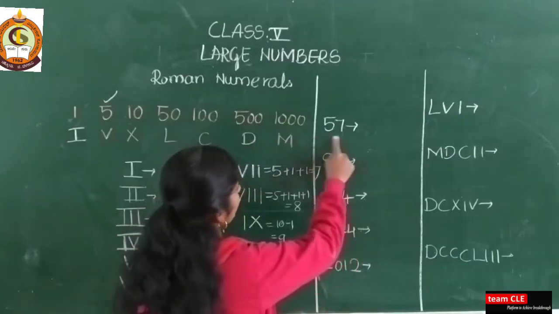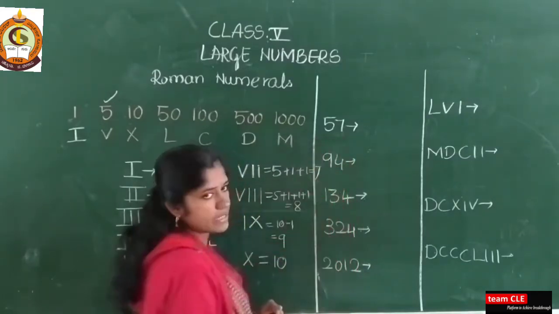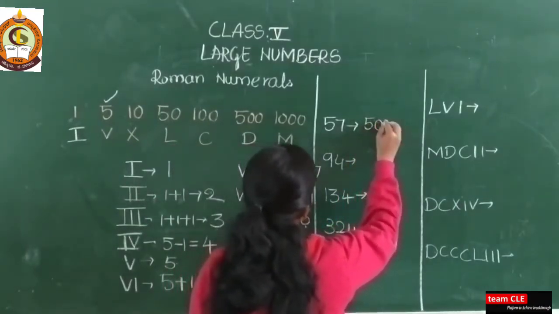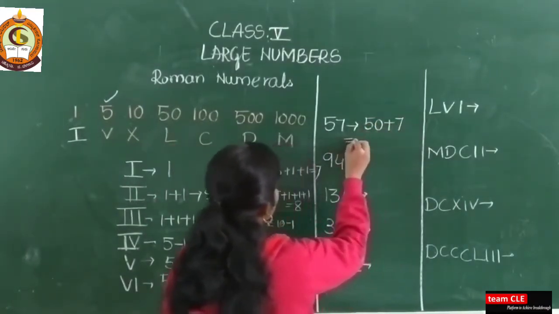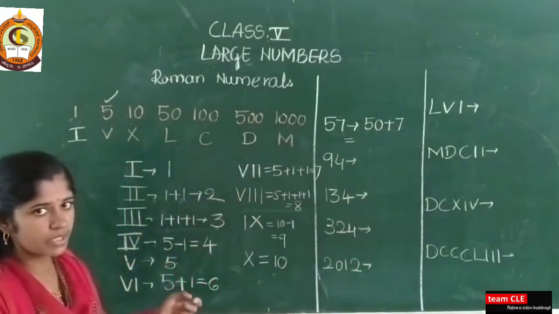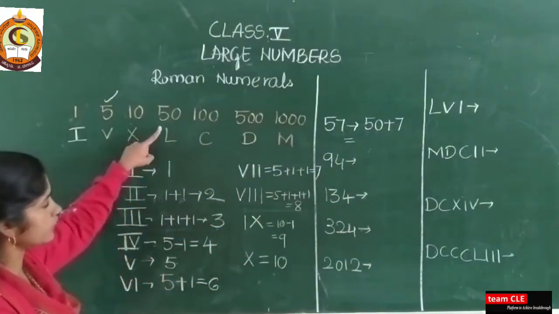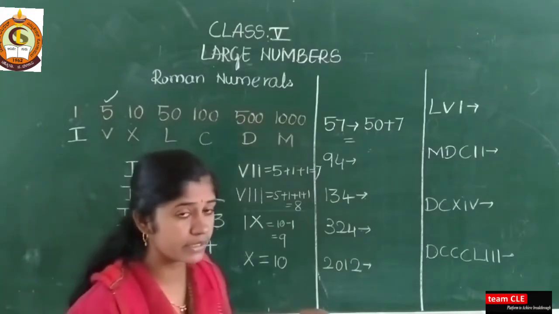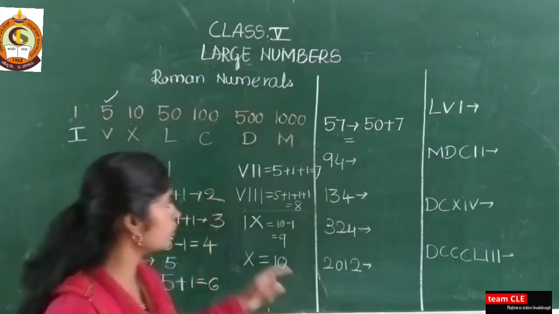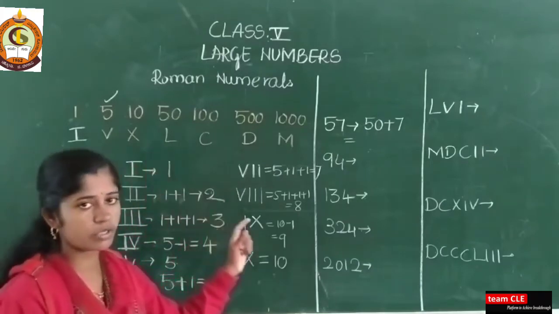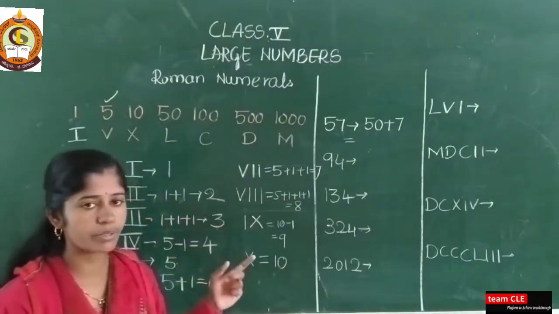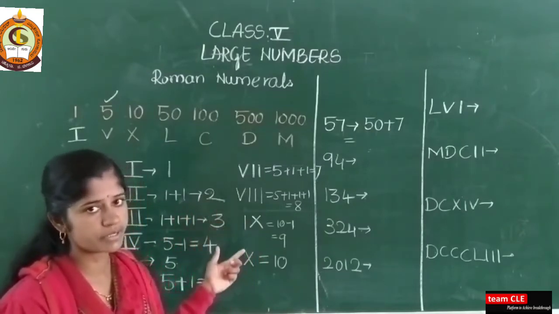Already you know, see here what is there, 57. 57 means you split this, 50 plus 7. You have a special symbol to write 50. What is that? L. And one more thing: write this in one corner and solve the examples. By practicing many times, it will permanently fix in your mind.